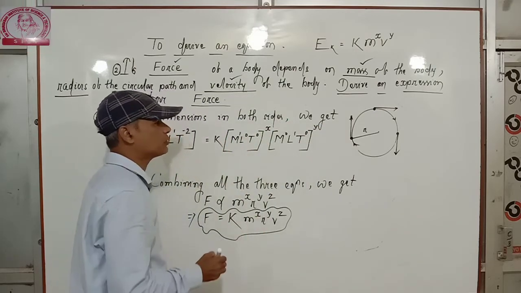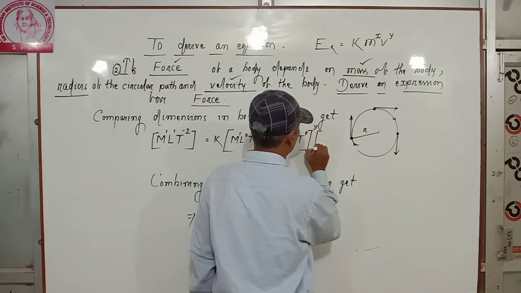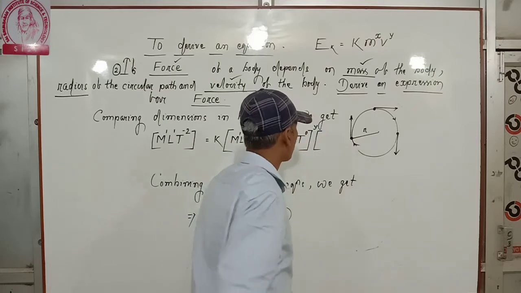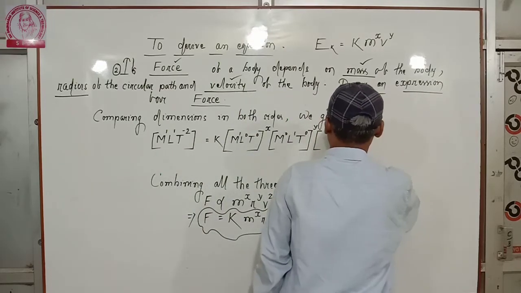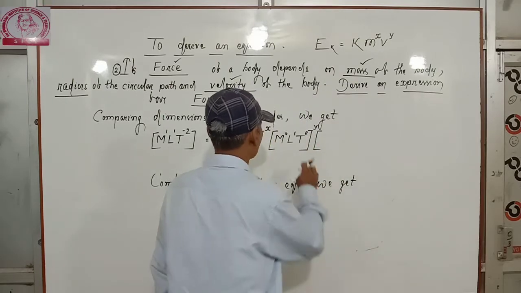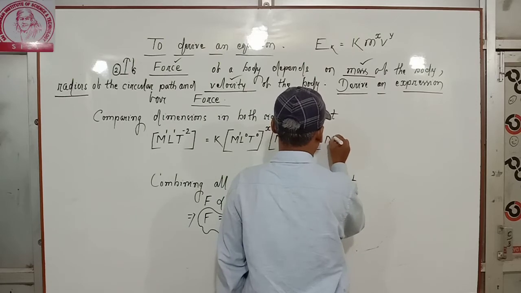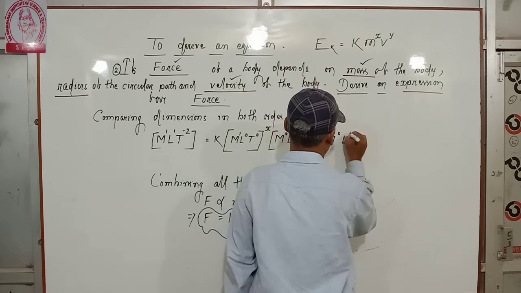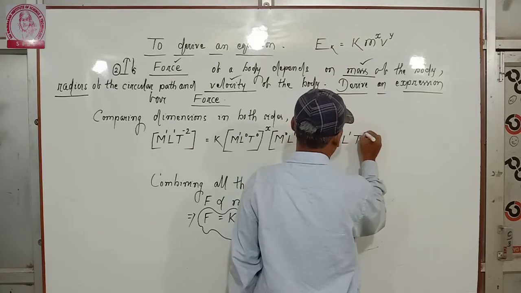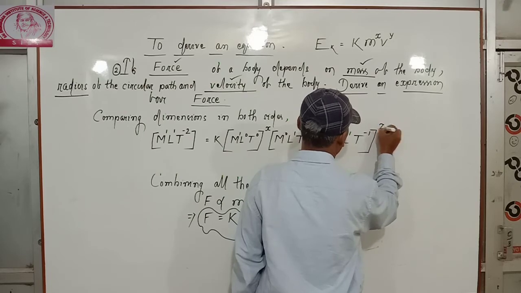The next is v to the power z. So now it is M to the power 0, L to the power 1, T to the power minus 1, whole to the power z.